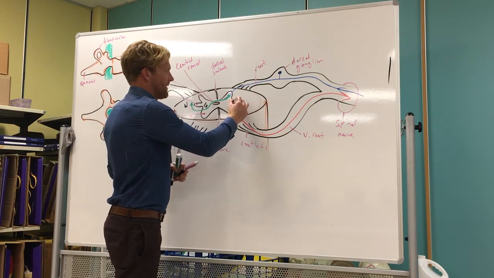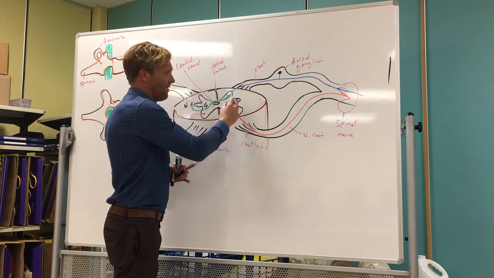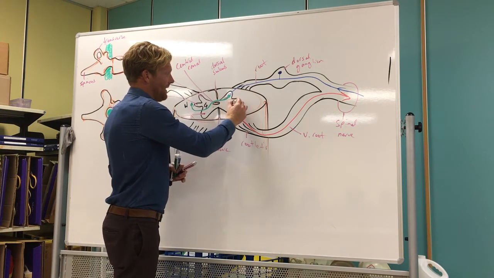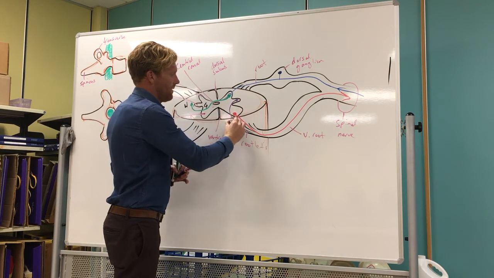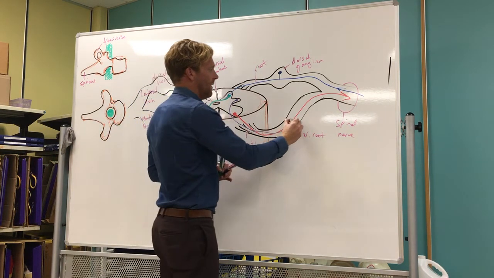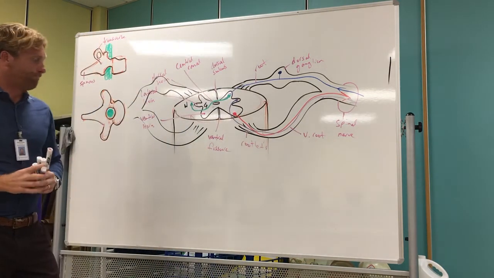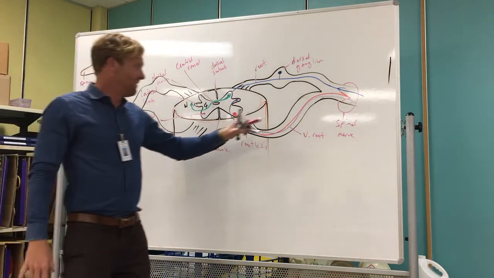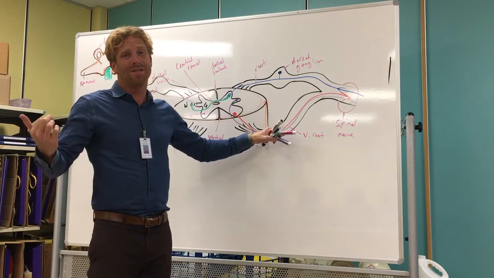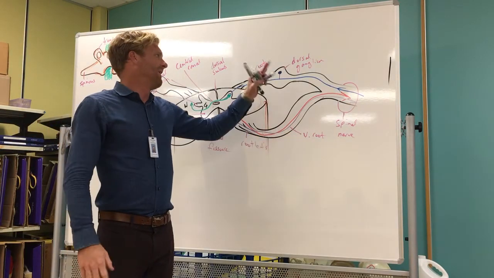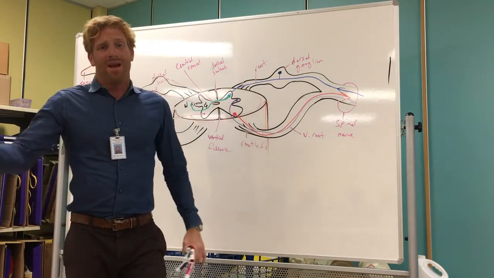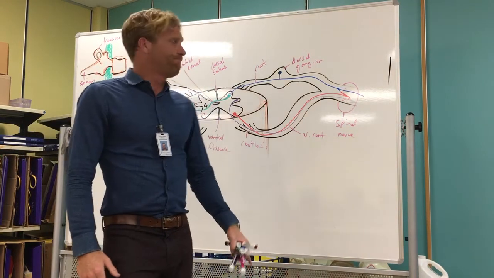So the cell body will start here in the lateral horn, and it will come down, exit out to the ventral root, and then go out to its target organ or gland. Take home message: ventral root contains outgoing signals, efferent nerves. Dorsal root contains incoming signals, or afferent nerves.